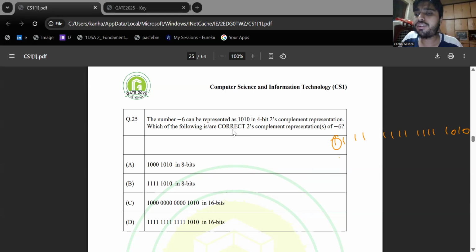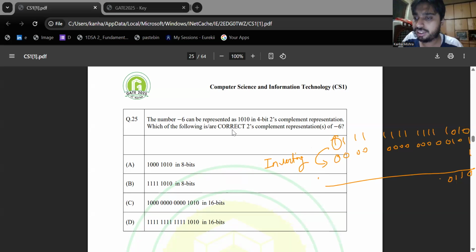And inverting it, it will be 0 0 0 0 0 0 0 0 0 0 0 0 0 1 0 1. If I add 1 in this, then it will be 0 1 1 0. This is after inverting.